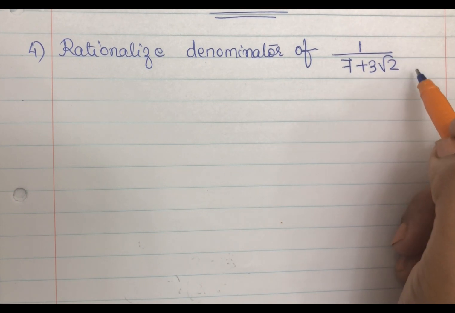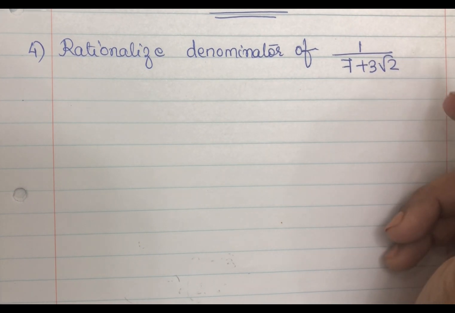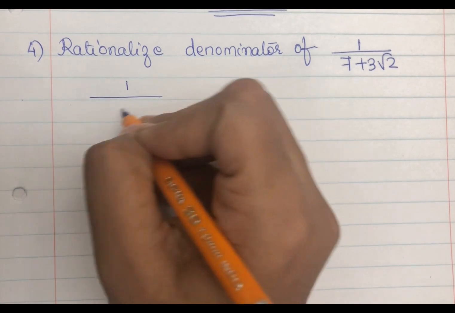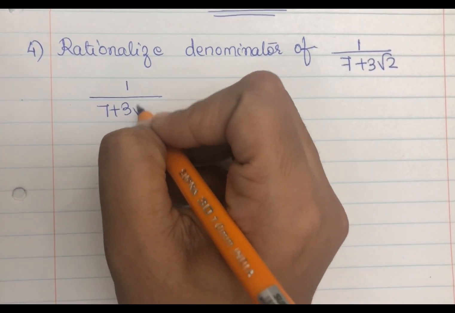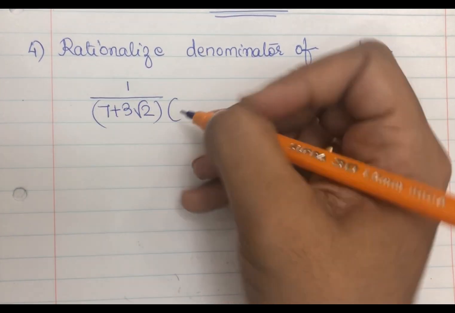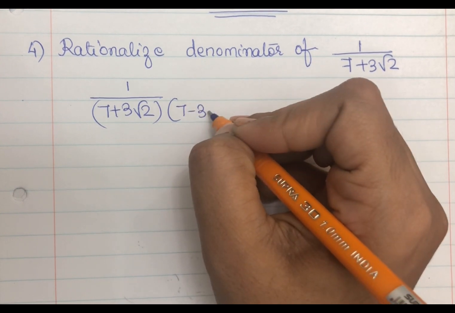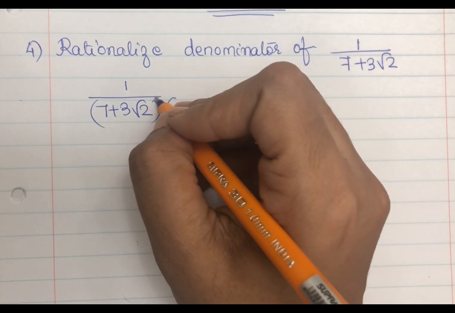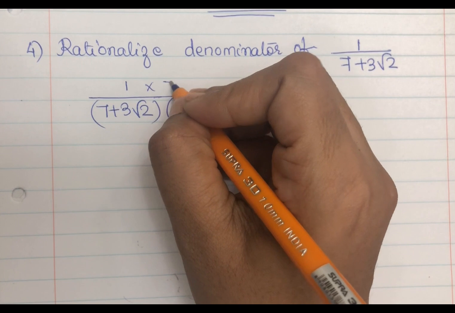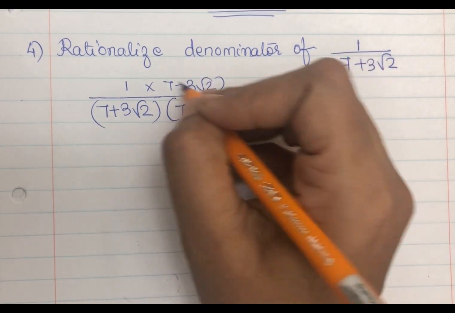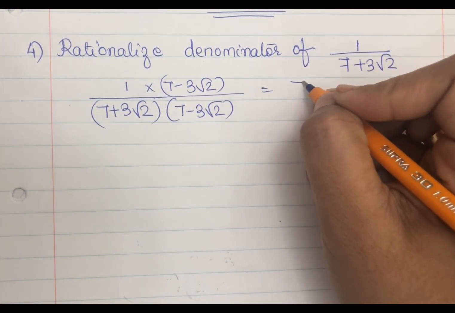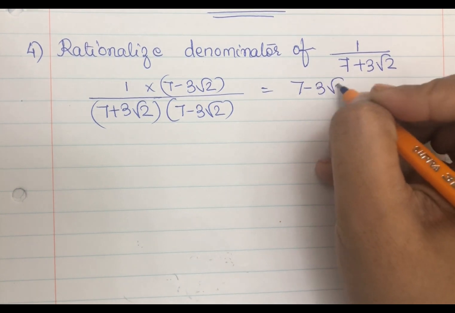Multiply numerator and denominator by 7 minus 3 root 2. So 1 by 7 plus 3 root 2 multiplied by 7 minus 3 root 2 by 7 minus 3 root 2. So the numerator will be 7 minus 3 root 2.